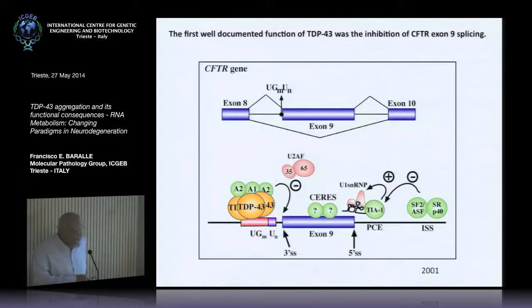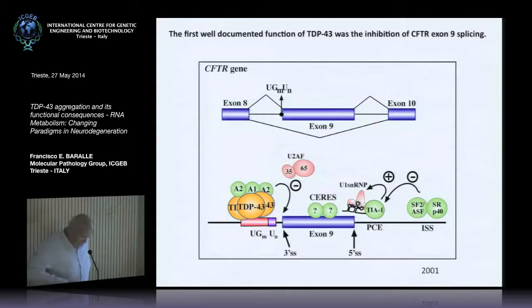And there, in that system, we discovered that it was the protein binding here to the 3' splice site. And as Jerny showed yesterday, being in the 3' splice site has an inhibitory effect. And it seems that that inhibitory effect was mediated by interactions with other hnRNPs like A1 and A2.